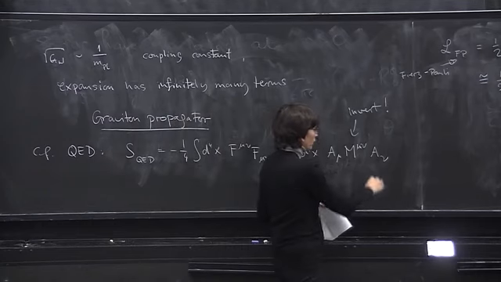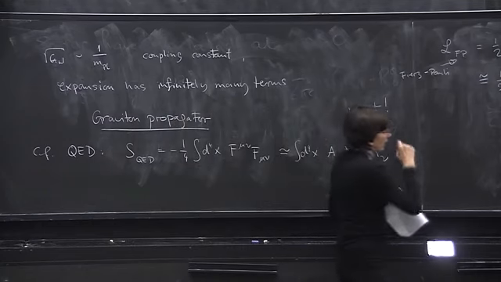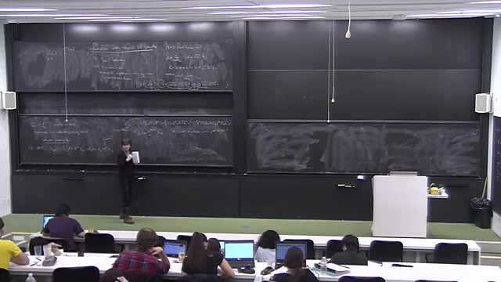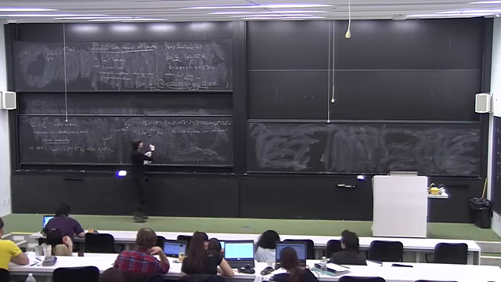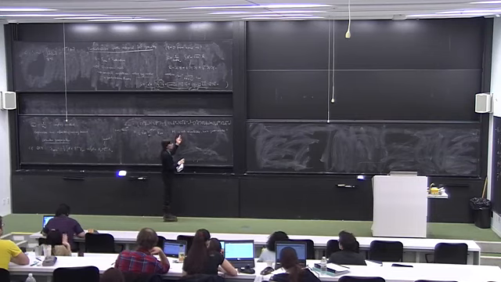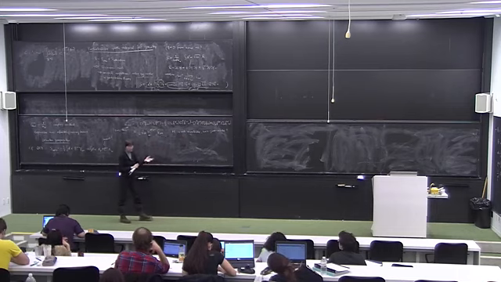By adding another term, you break this explicitly, and you can show it doesn't affect the physics in the end, but it has the nice property that it makes the propagator invertible, or rather that matrix M invertible.